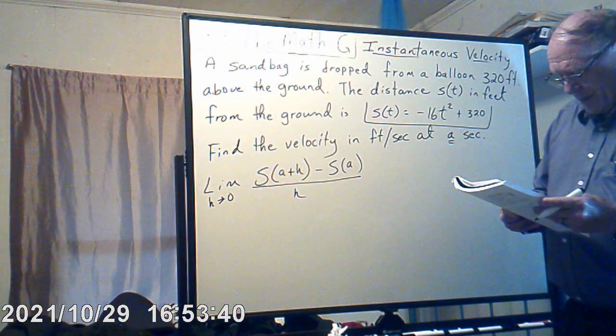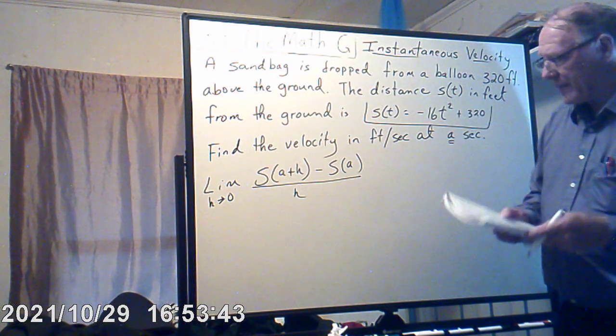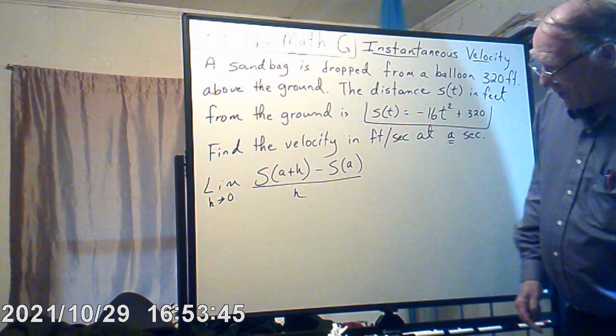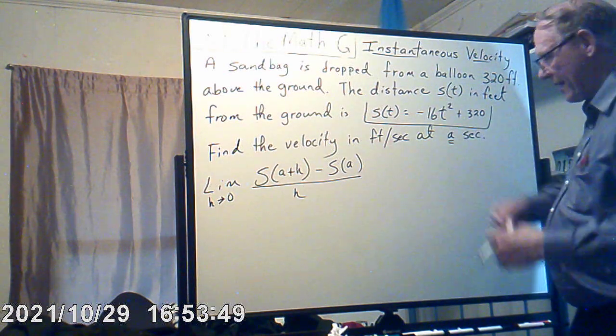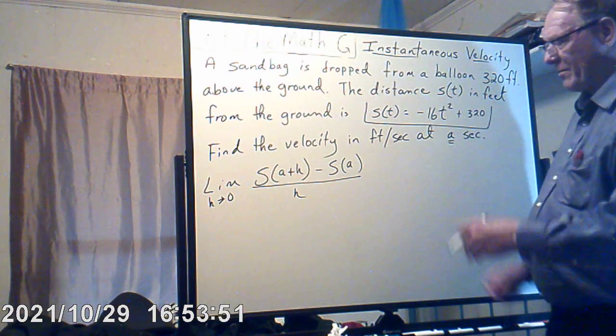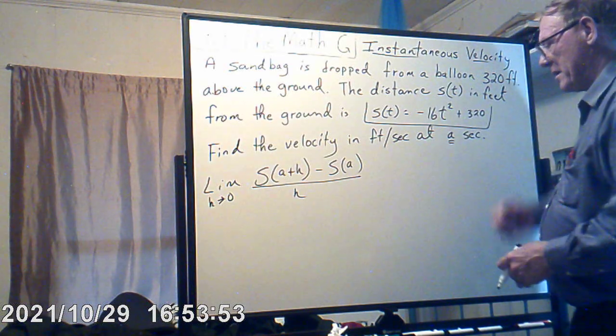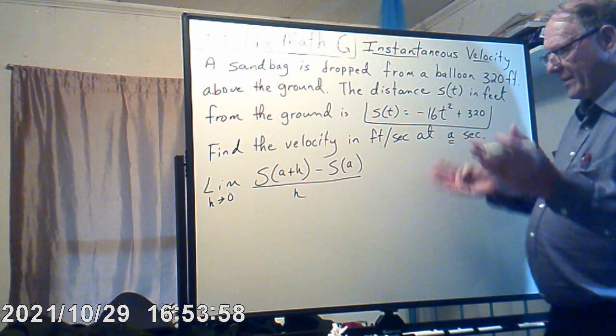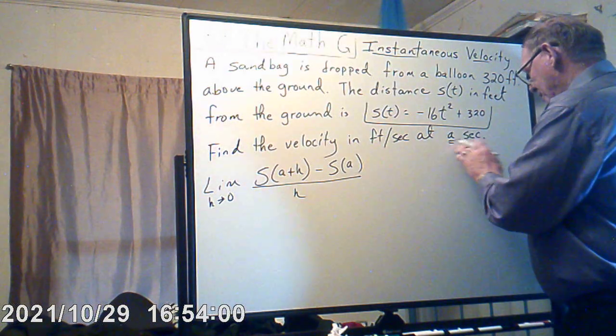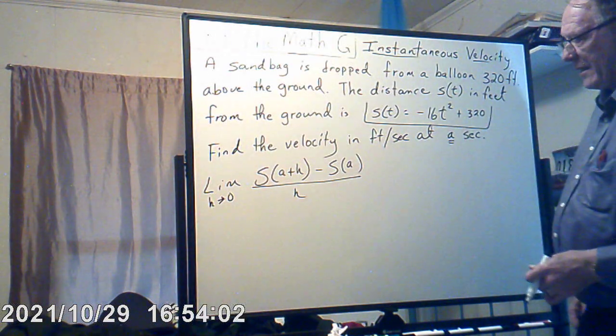That's what we're looking at at this point. It's going to be long. We're just going to do A, and we're probably going to stop at that, and then we'll come back in another lesson and review this again, and then find it at, say, 2 seconds or something like that.